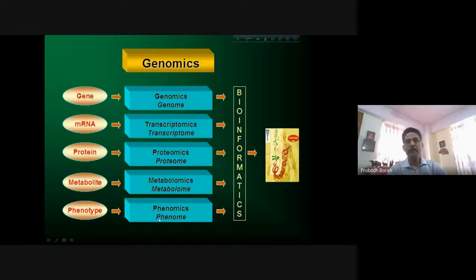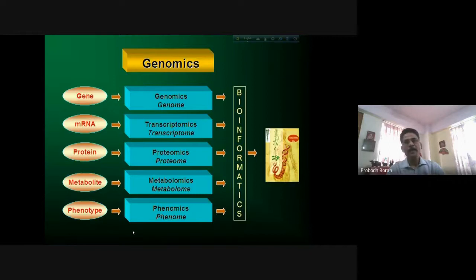So the traditional biology may have represented only a part of the understanding of biology today at the age of omics, which is actually the phenomics part that was traditionally covered by the conventional biology. But other parts have emerged only after the advent of genomics and other omics technologies.